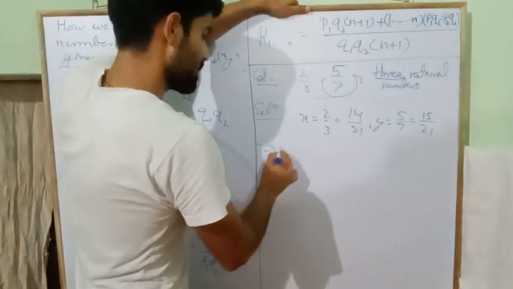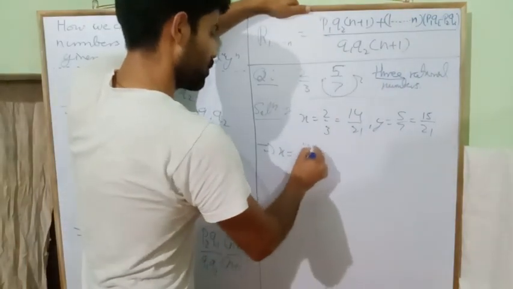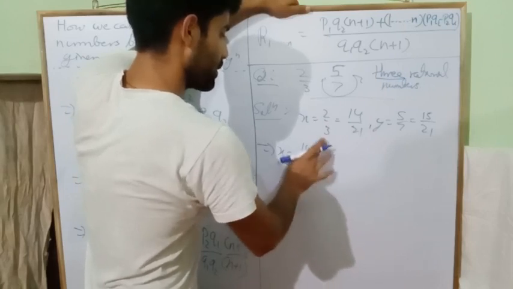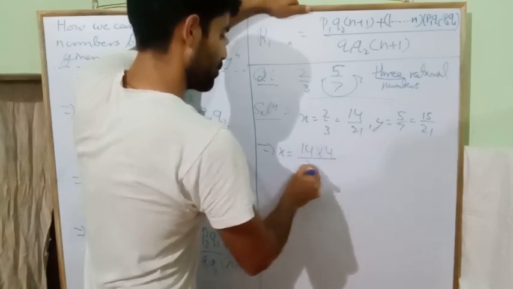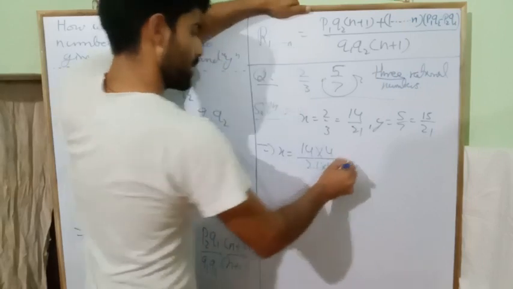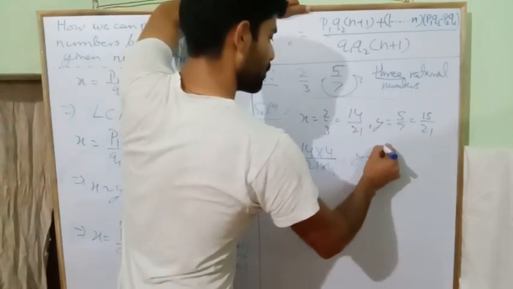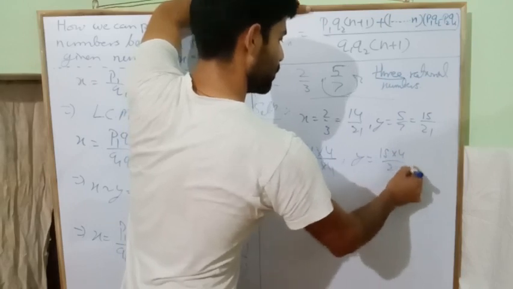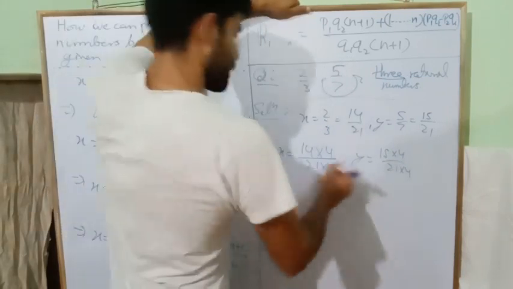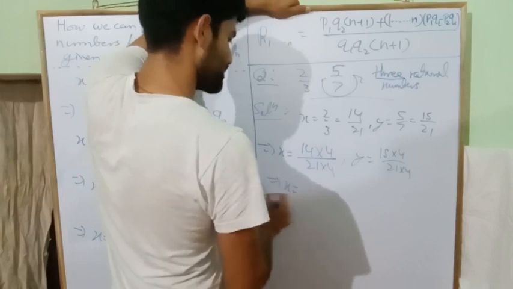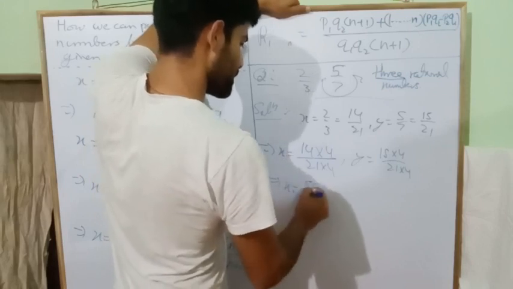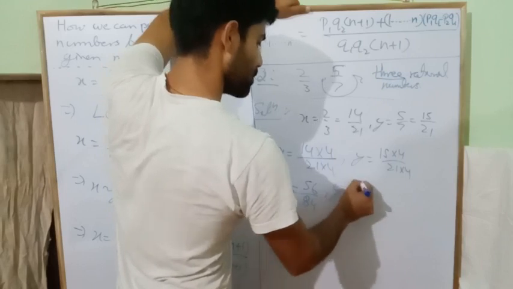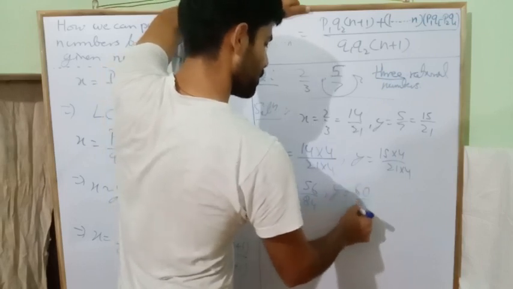That is, x is equal to 14 into 4 upon 21 into 4, and y is equal to 15 into 4 upon 21 into 4. Means x is equal to 56 by 84 and y is equal to 60 by 84.